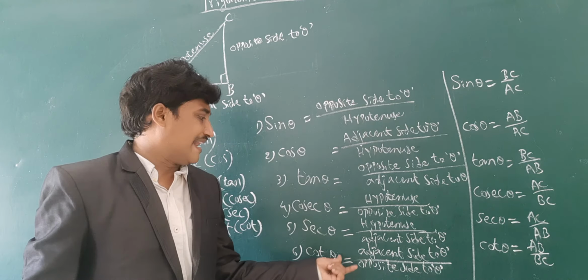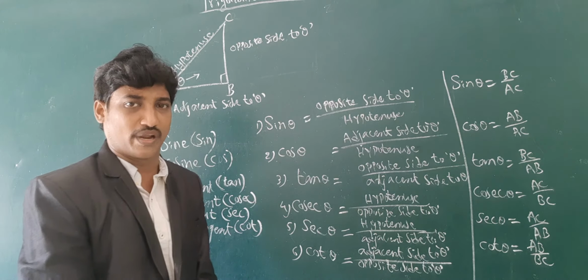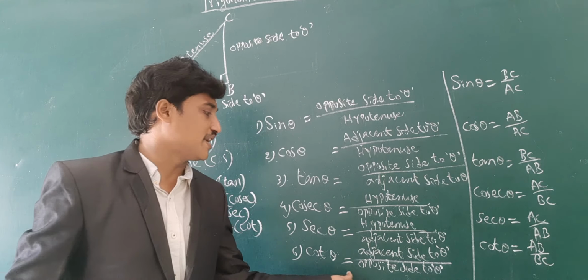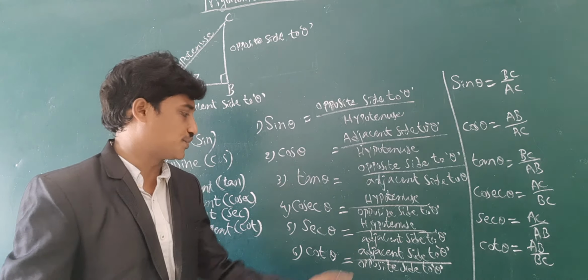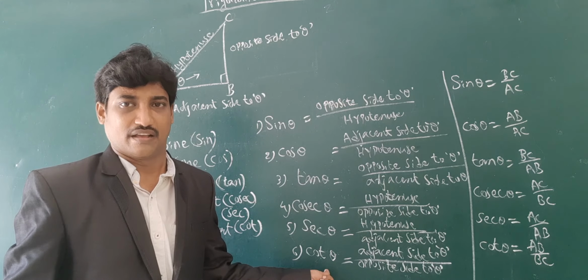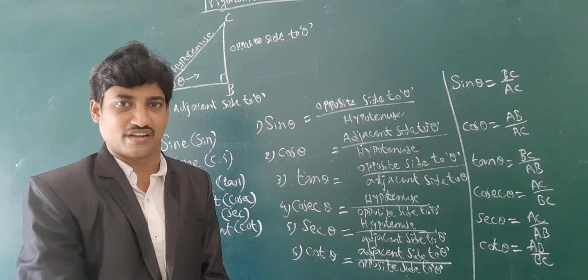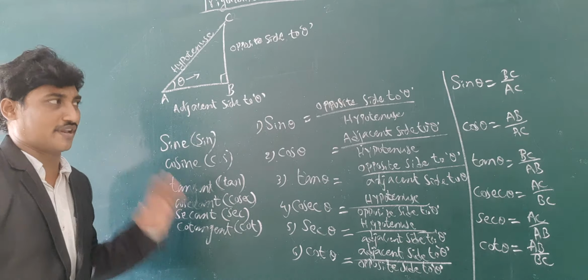The ratio of the length of the adjacent side of the acute angle and the length of the opposite side to that acute angle is called cotangent of that acute angle in that right angle triangle. These are the 6 trigonometric ratios.